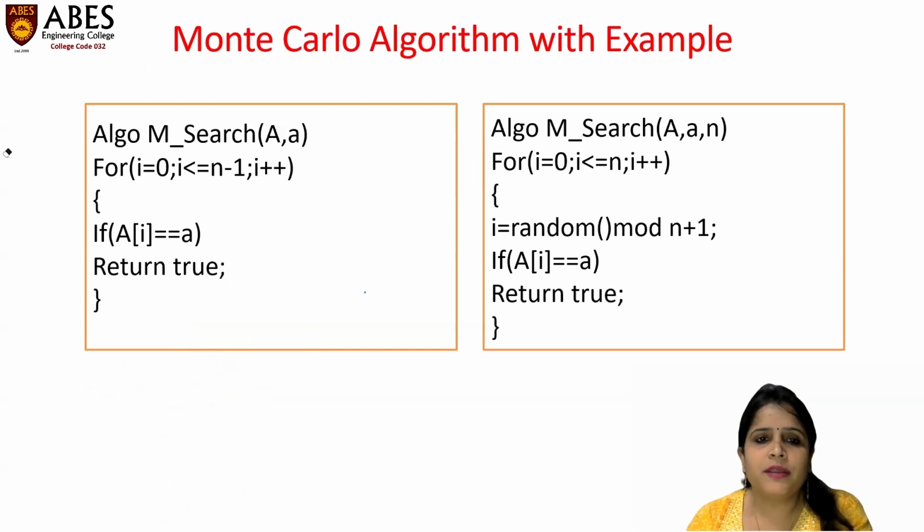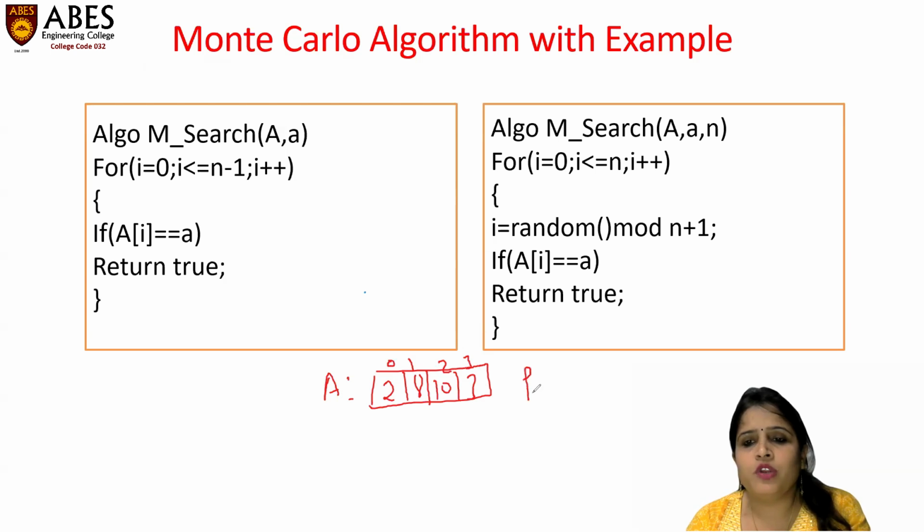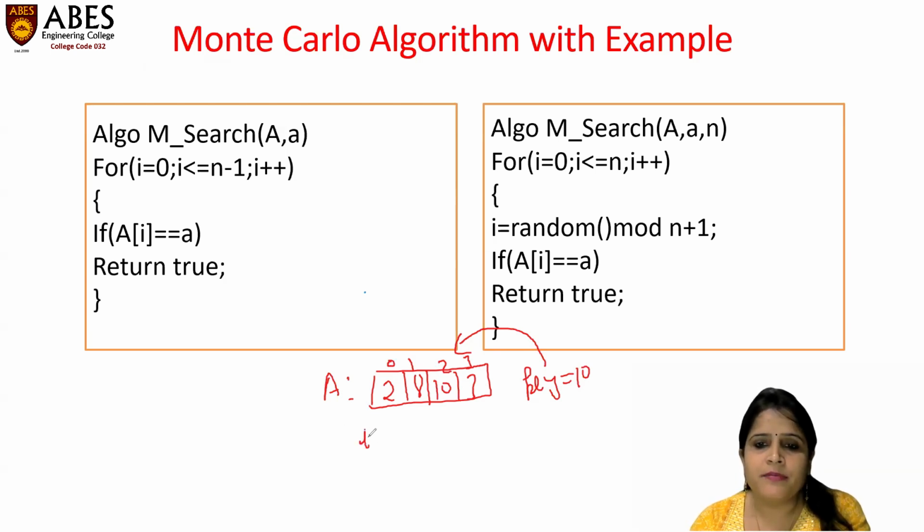We are given an array of four elements A: 2, 8, 10, 3, with index values 0, 1, 2, 3, and the key value is 10. This key value will be searched using the Monte Carlo search algorithm in this array. So again we'll start from position 0 to position 4. First we'll generate an index randomly using a random function.